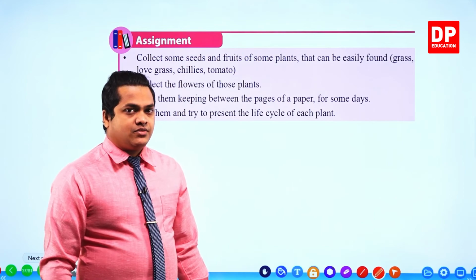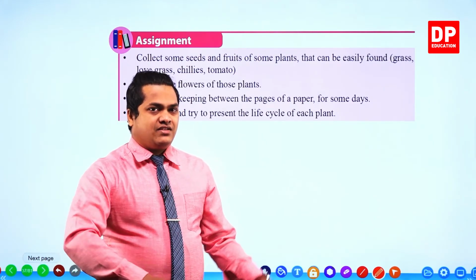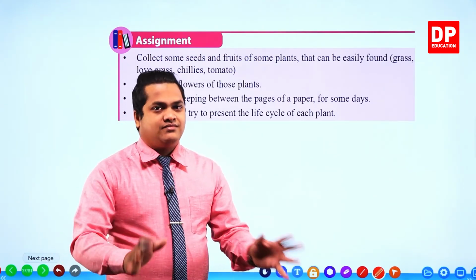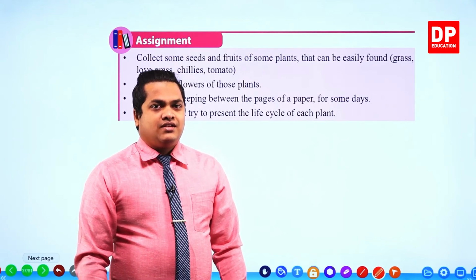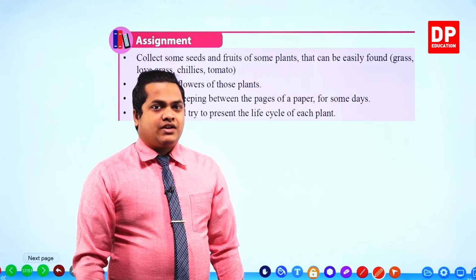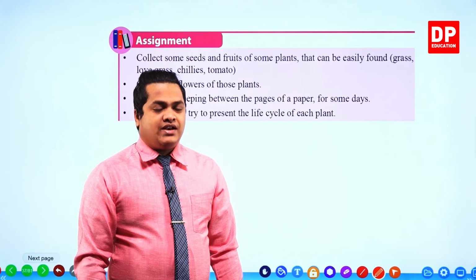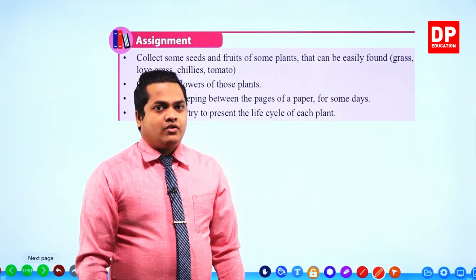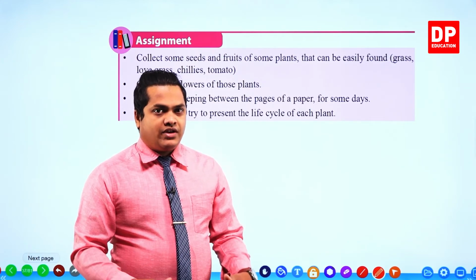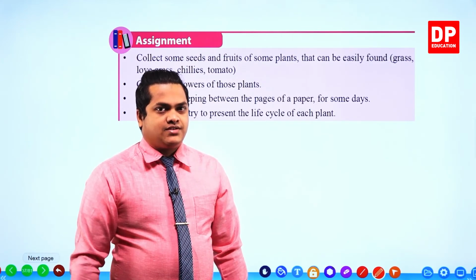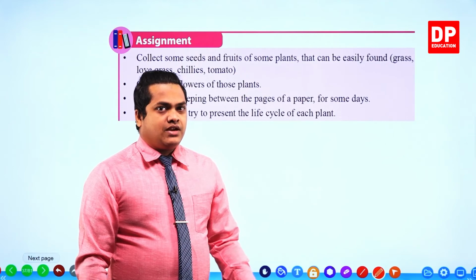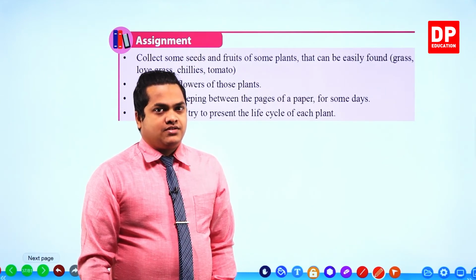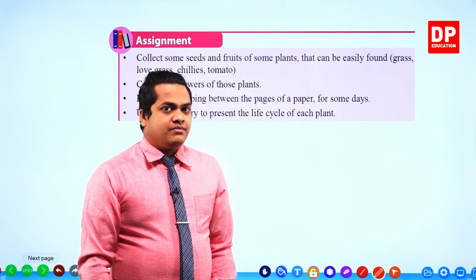Because with these, if you throw them, definitely a plantlet or a plant is going to grow, and it won't take that much time, right? They grow quite fast. So it's easy to find plants like these when we are doing this assignment.